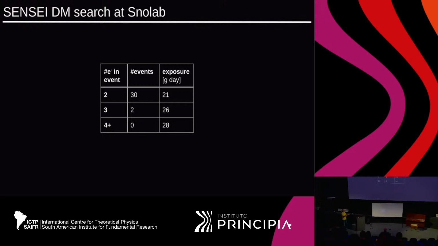Here, well, we don't have any. We have a completely clean spectrum for any pixels or events or clusters with 4 or more electrons in them. We only have 2 with 3 electrons, and we have about 30 for 2 electrons. So this allows us to set limits about what dark matter can be or cannot be.